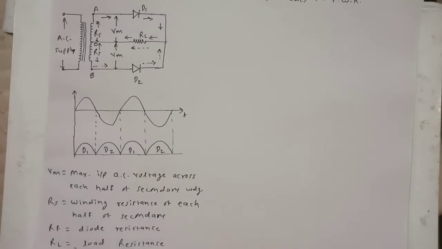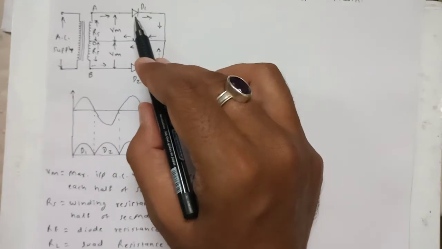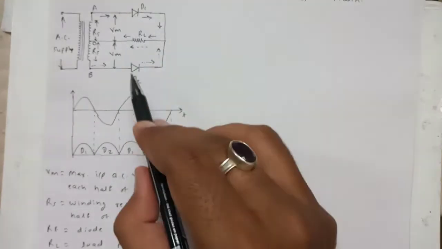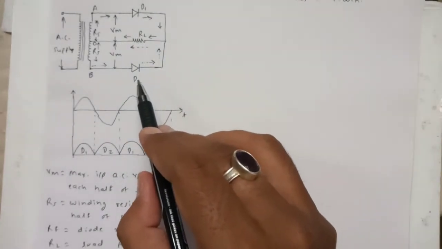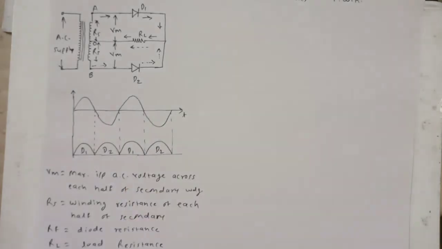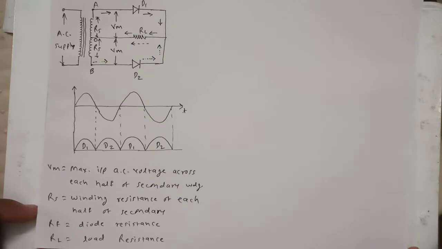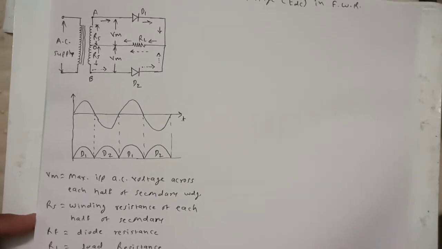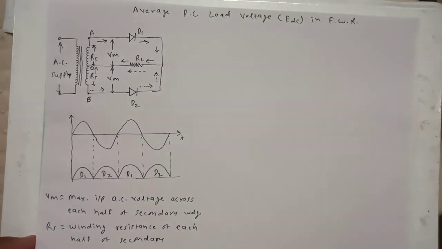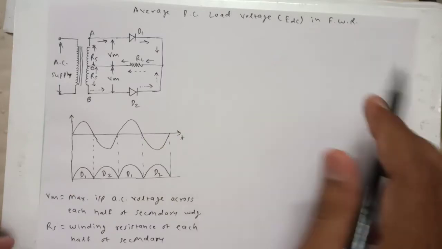After that, RF is the resistance provided by the diode. This diode will also provide the same resistance, which we are assuming is RF. And RL is nothing but the load resistance. So these are the things that we should know before going for the average DC load voltage equation.